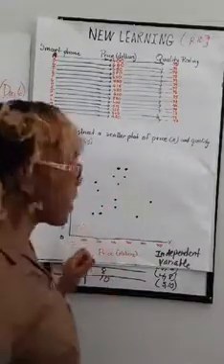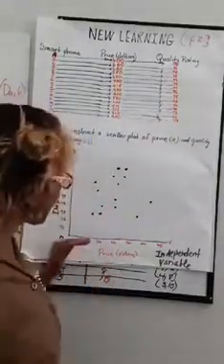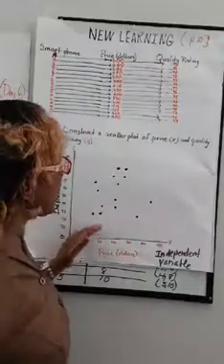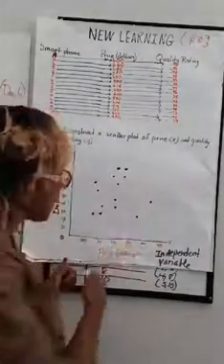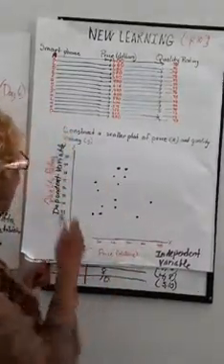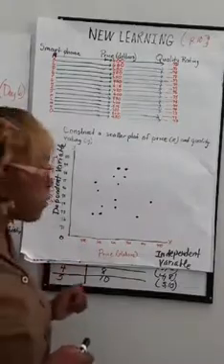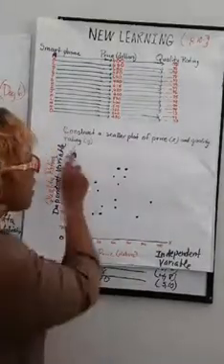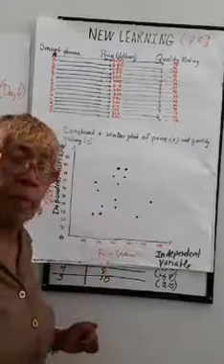Why is it no relationship? Because it's not going in an upward manner. X is not increasing as Y increases. And it's not coming downward either, which would be negative.